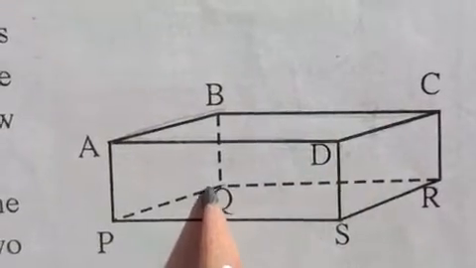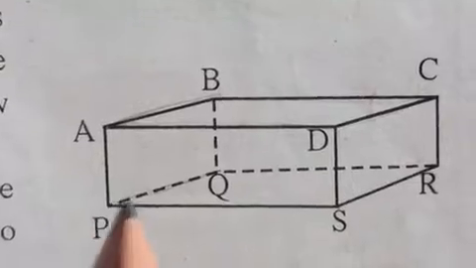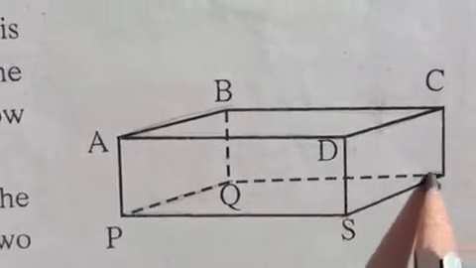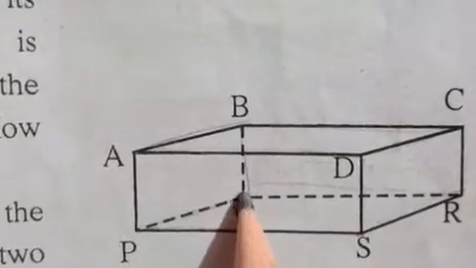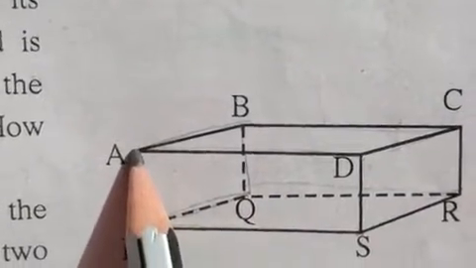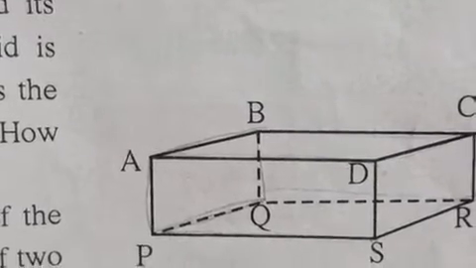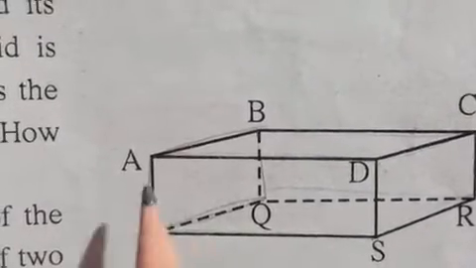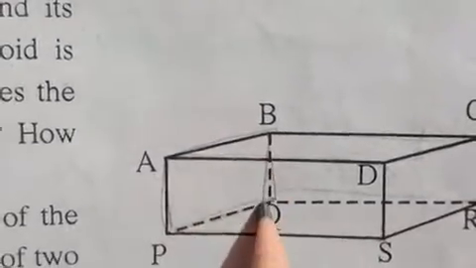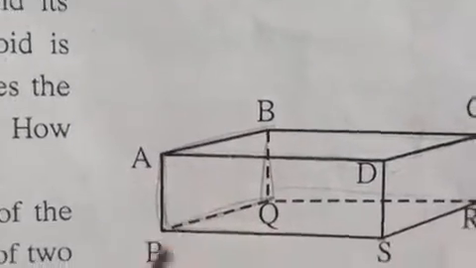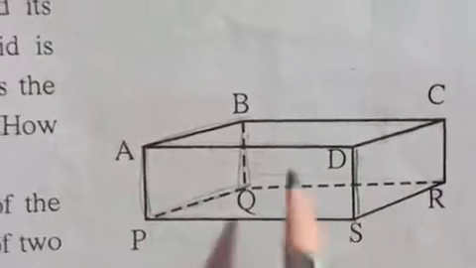Now from the down side, 4 from here, so 5, 6, 7, 8. That's 8. Now the sides: 9, 10, 11, 12. Sorry, 4 from here, 9 and 10, because this one is already counted. 9, 10, 11 and 12. So there are 12 edges.